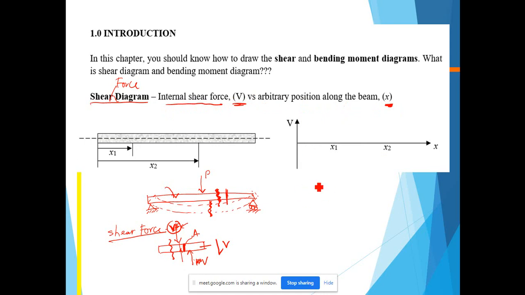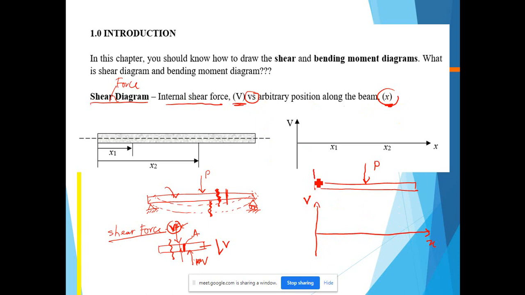For example, I give you an example. You have a beam subjected to load P, and this is the shear force diagram. Shear force diagram is V versus X. So what is X?